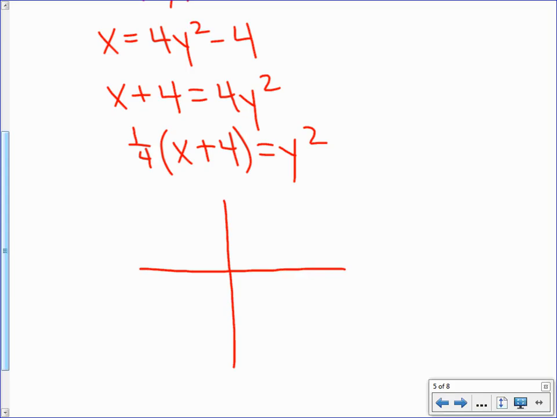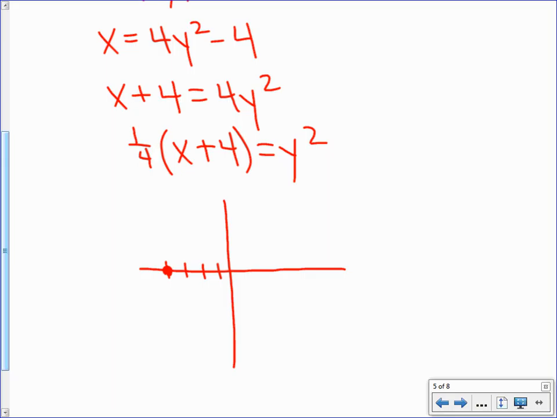Where's the vertex of this parabola? Negative 4, 0. And we know it's going to open to the right. Why do we know that? Coefficient's positive. Great. All right.